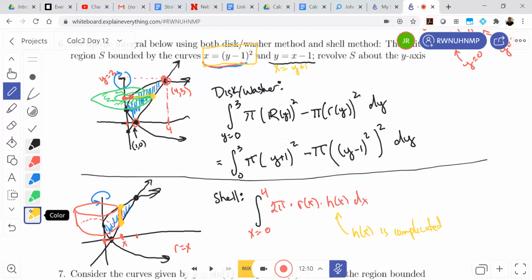Yes, we have to subtract the bottom from the top, but then after we hit this point, if our x value is small enough, it's no longer parabola minus straight line. It becomes one half of the parabola minus the second half of the parabola, and that will give us our height. So in fact, the height changes its behavior here at x equals 1. So not only is the height complicated, I'm going to say the height is really complicated.